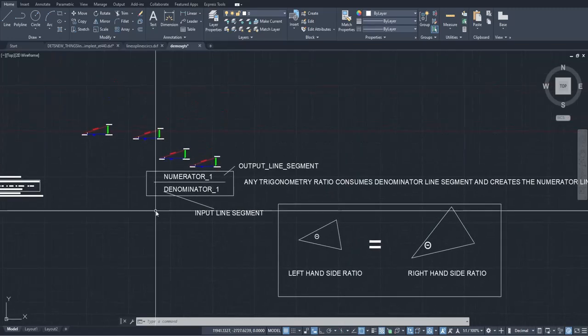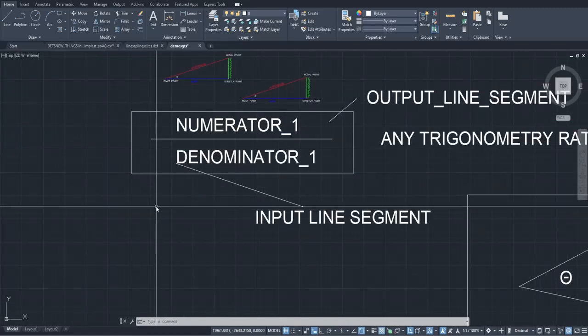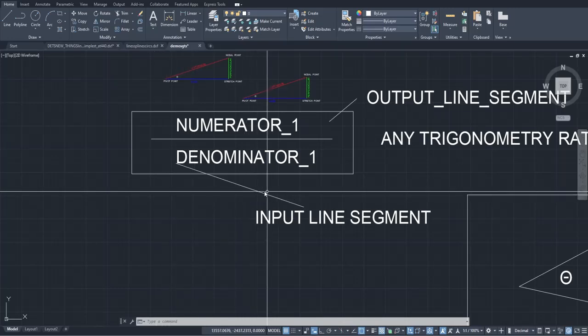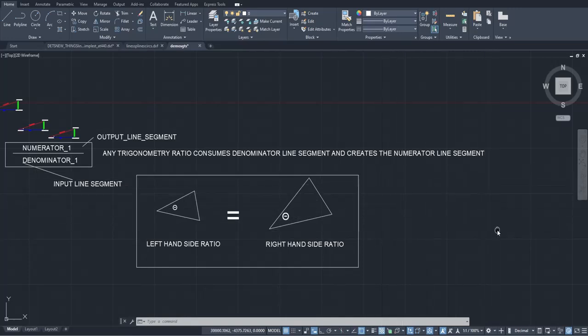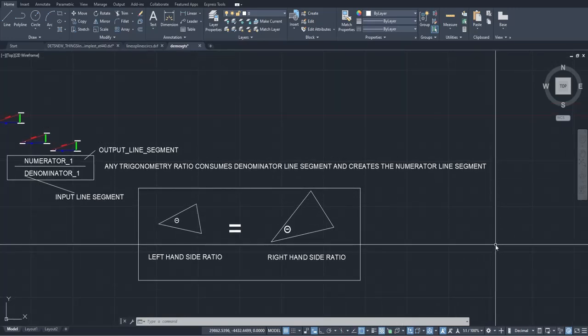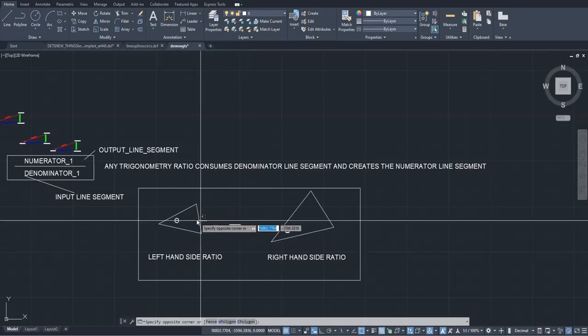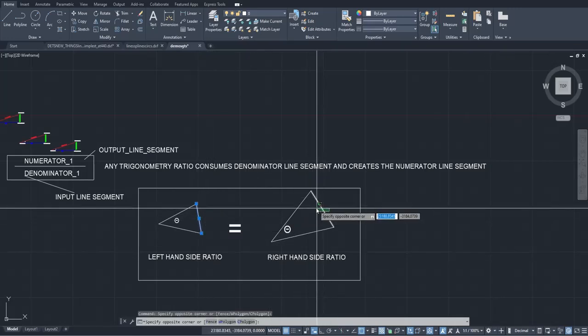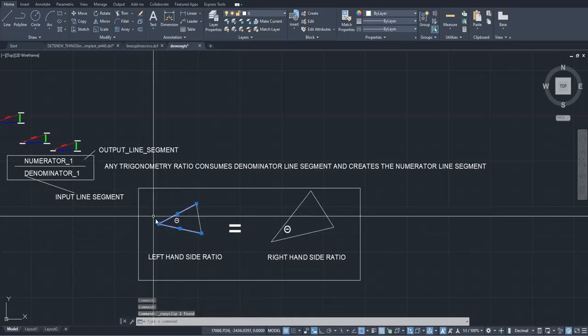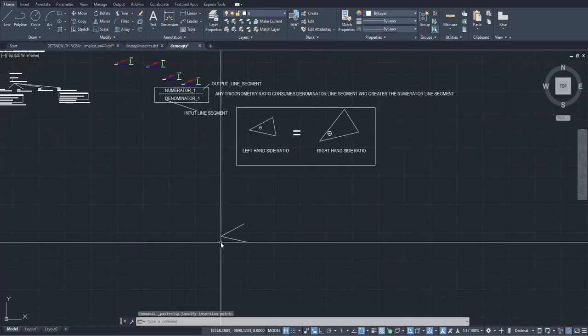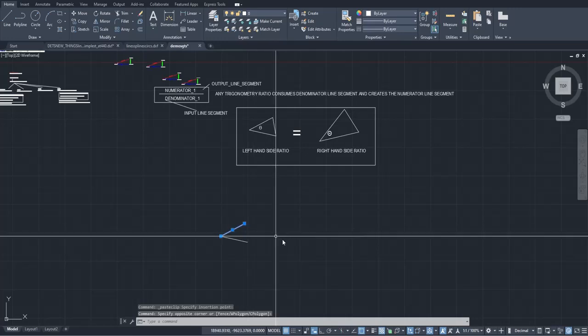Since trigonometry talks about the ratio in the first hand, we are talking about the ratios here in the first hand. Now whenever we see that there is a ratio in Sanjoy Nath's Geometrifying Trigonometry, we will consider it as the denominator is consumed and the numerator is constructed and the third line segment is generated. We can generate this in 4 different ways. Suppose these are the input line segments and the output line segments.